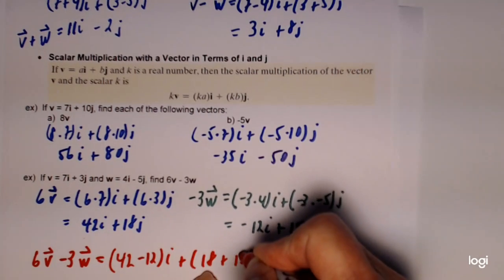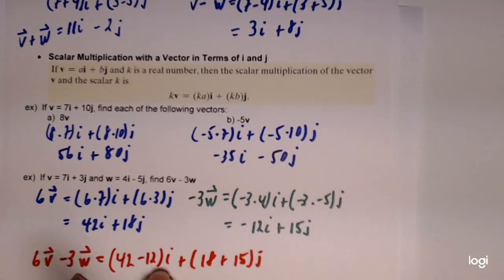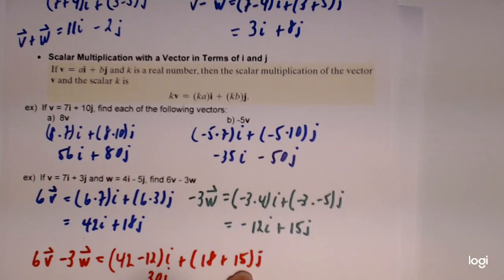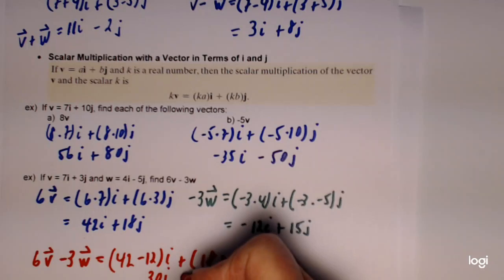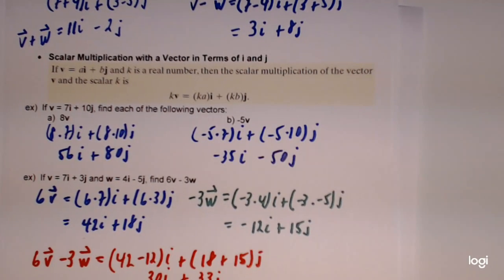And there's our j. And now 42 minus 12 is 30i, and 18 plus 15 is 33j.